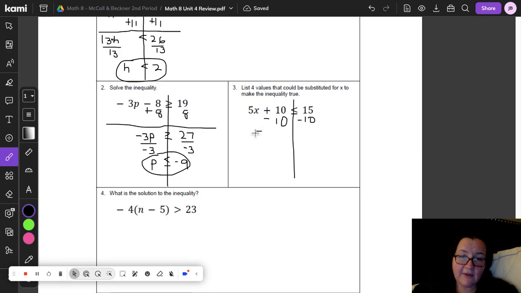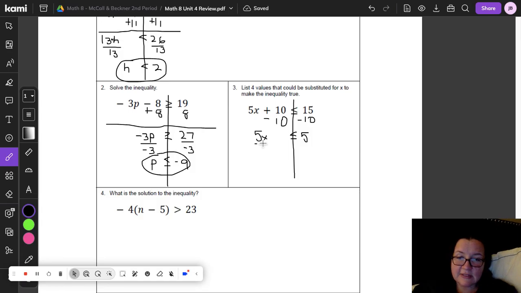We still have 5x is less than or equal to 15 minus 10, which is 5. Okay. All right. Next step, we need to look for any multiplication or division. So what do you think I should do next?